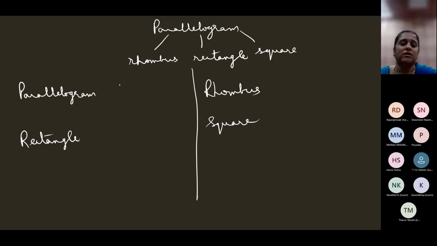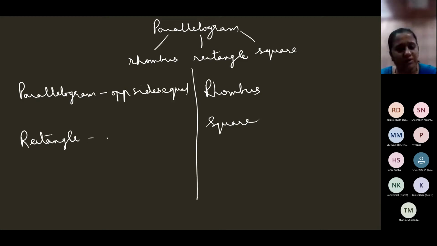Okay. In all these figures, both the pairs of opposite sides are parallel. All of them are parallelograms. So that is not a distinguishing property. So leave that. In a parallelogram, both the pairs of opposite sides are equal.